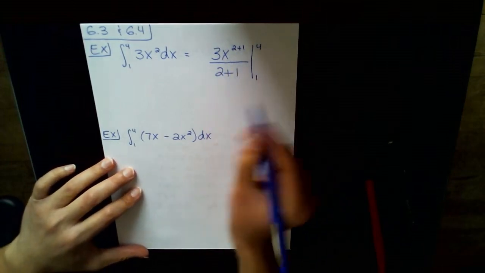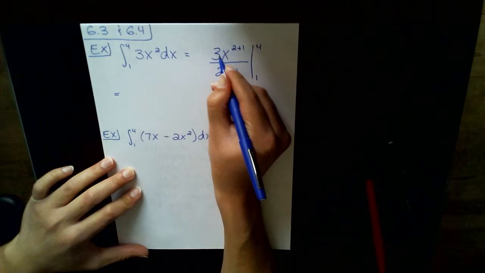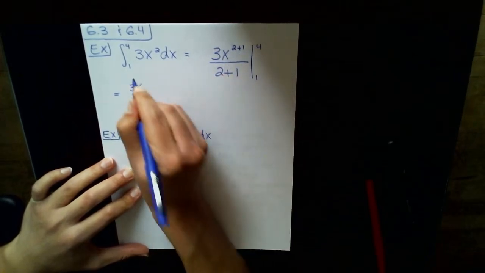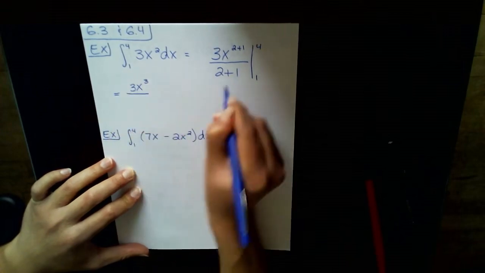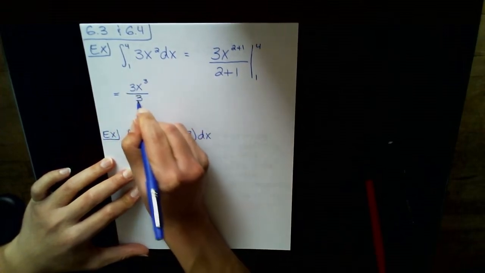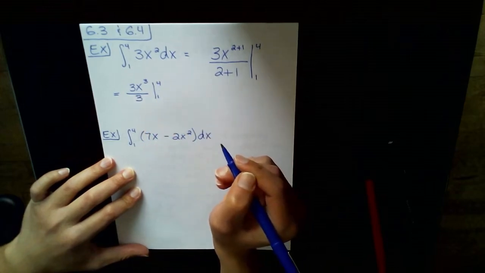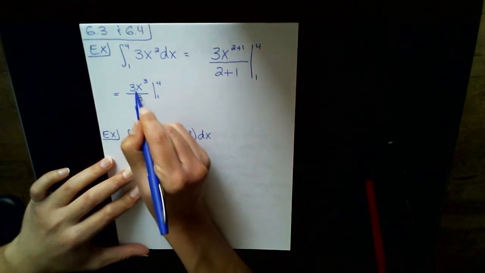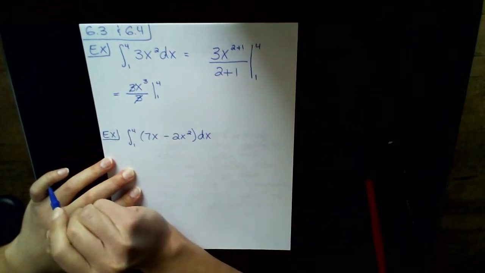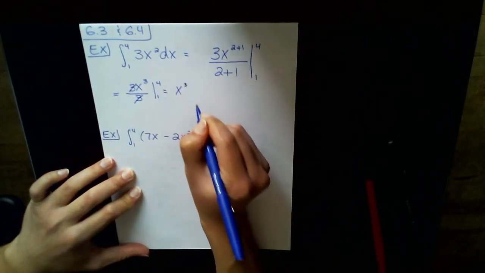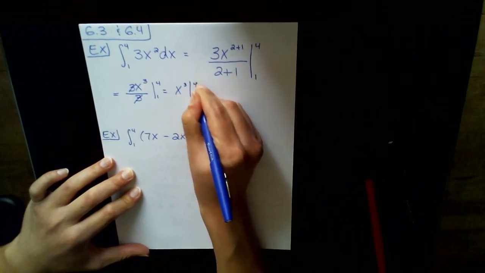So simplifying this, we get 3x to the third over 3, from 1 to 4. The 3's will cancel because we're dividing, which leaves us with x cubed from 1 to 4.